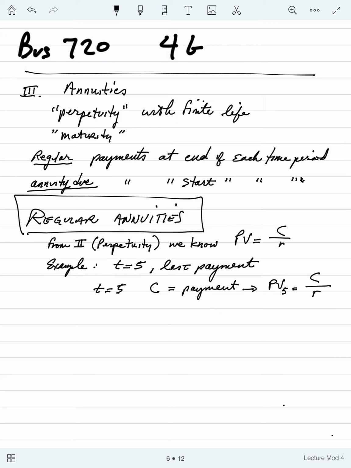Now, what is the present value at time period t equals 0 of a perpetuity that goes from year 6 to year infinity?